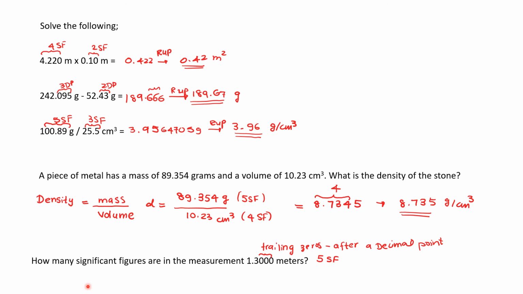How many significant figures are in the measurement 1.3000 meters? So these are trailing zeros after a decimal point. So those are significant. That means we have 5 significant figures in this number.